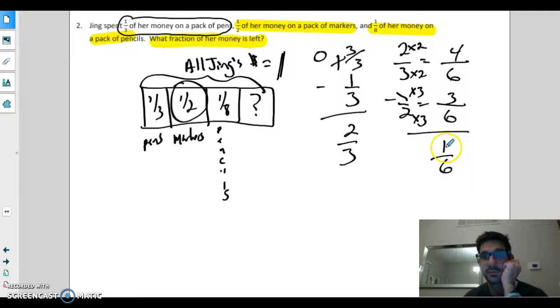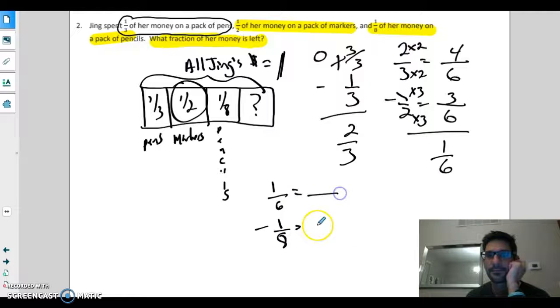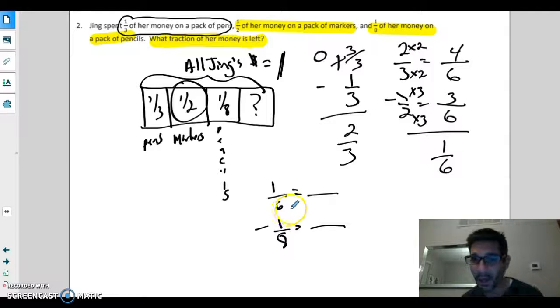Follow me so far? Now, I gotta do 1/6 minus 1/8. Now, you could say the denominator is 48, but a smaller multiple that they have in common is 24.